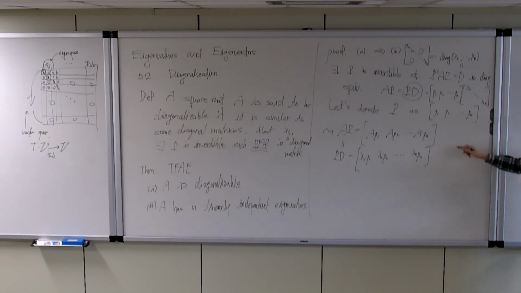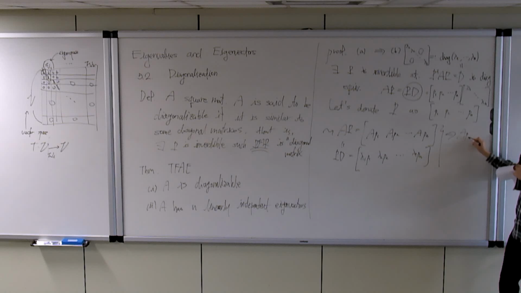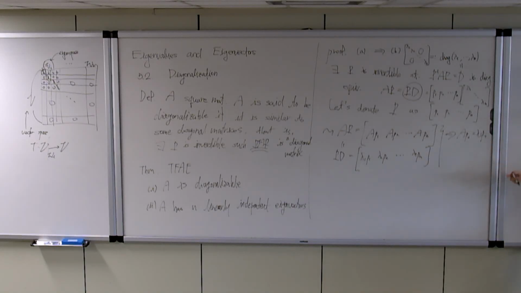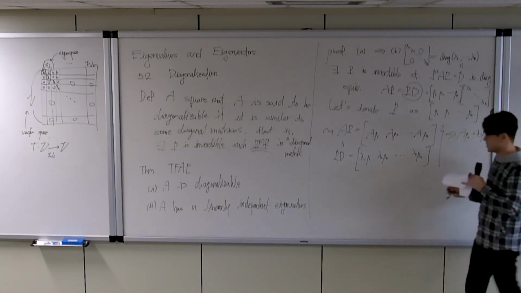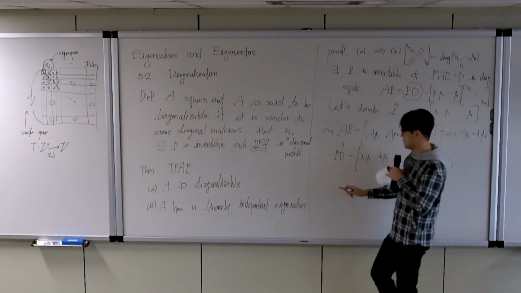And from the fact that P1 to Pn were eigenvectors, we can find eigenvalues corresponding to the vectors Pi.